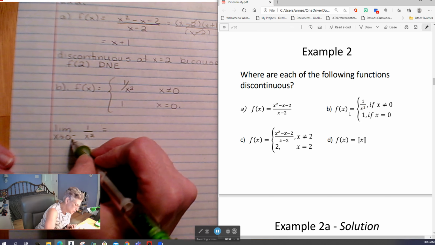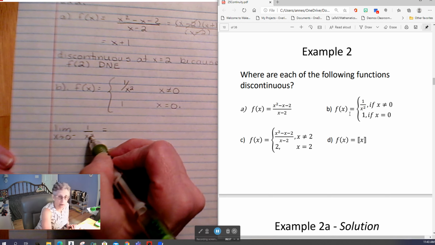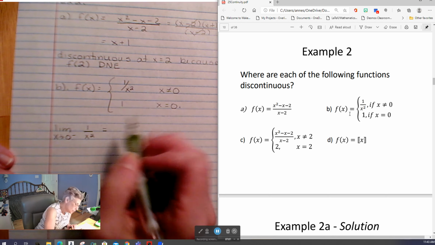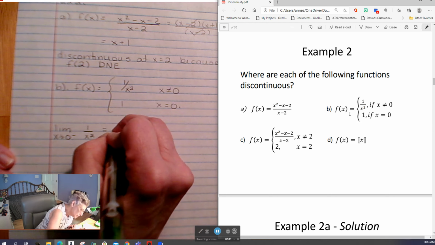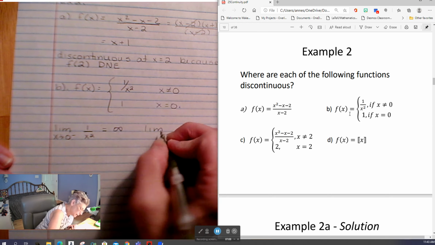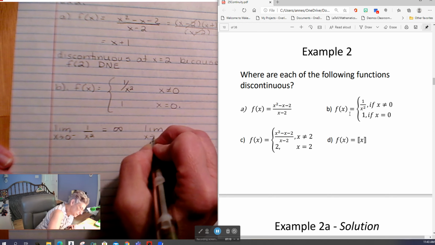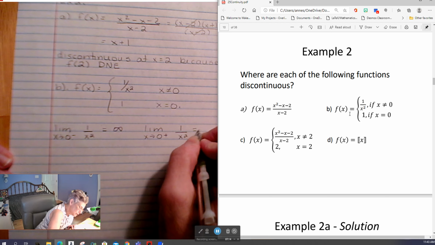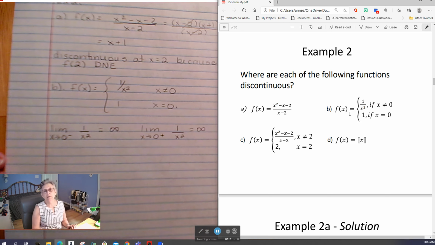As x approaches 0 from the left, the denominator is getting smaller and smaller, so we're going to positive infinity. And since it's squared, it's going to positive infinity, even from the left. 1 over x squared goes to positive infinity.